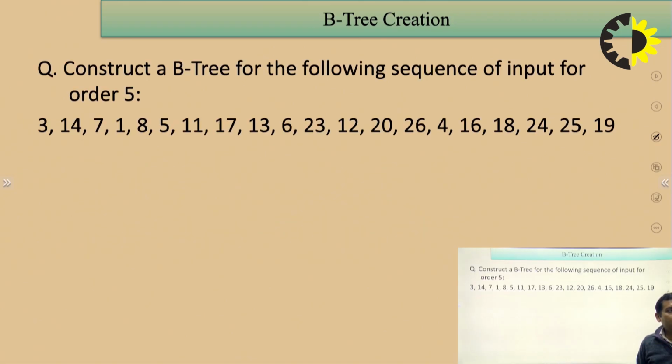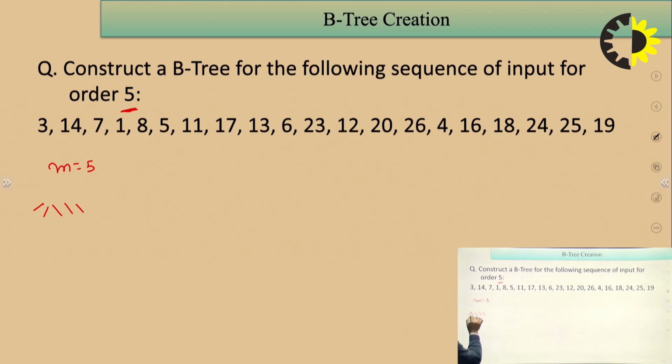Now, take an example and create the B tree with certain key values. Construct a B tree for the following sequence of input for an order 5 B tree. These are the keys. Now, M is 5, the order is 5, so the maximum number of child nodes may be 5.